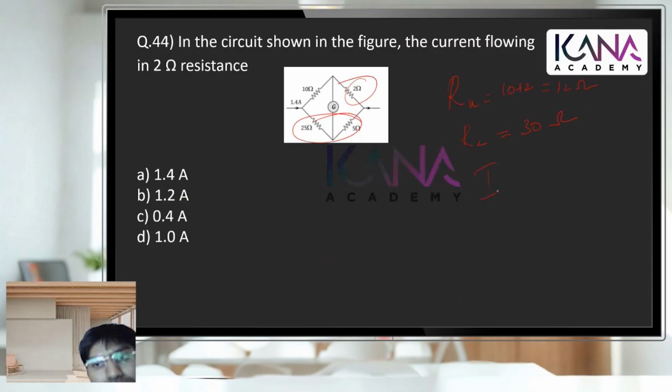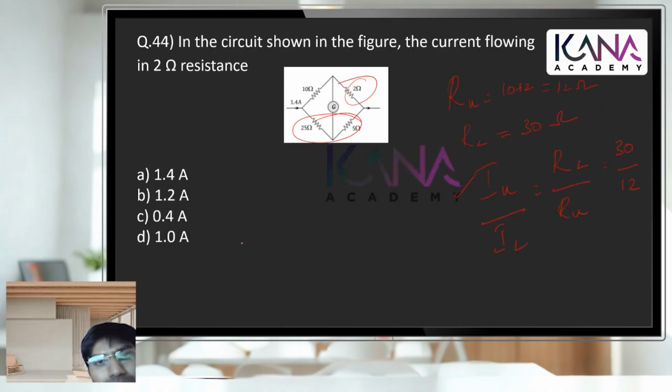So IU by IL will be RL by RU, that is 30 by 12.